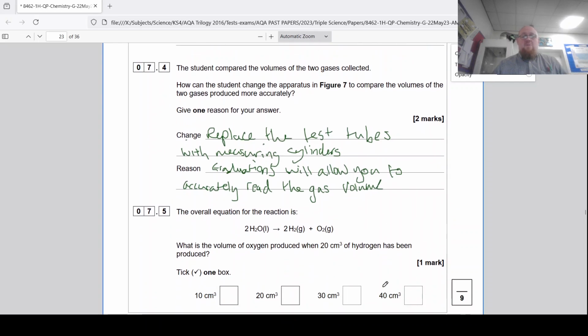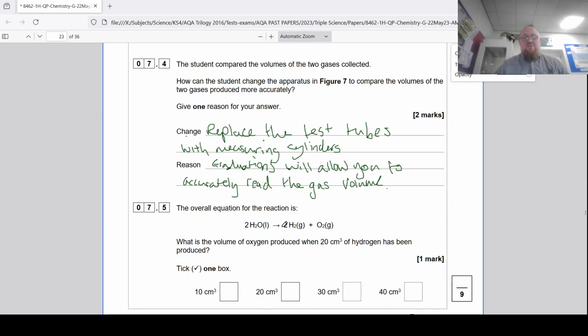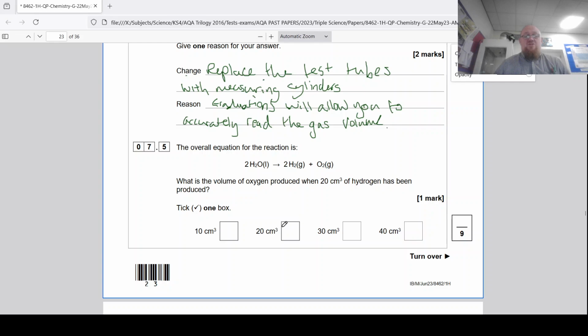So the overall equation for the reaction is 2H2O goes to 2H2 plus O2. What volume of oxygen is produced when 20 centimetres cubed of hydrogen is produced? I can see that in here we've got 2 molecules of hydrogen are produced and 1 molecule of oxygen is produced.